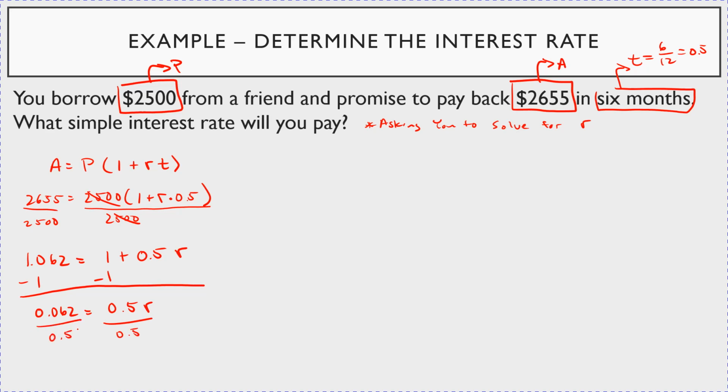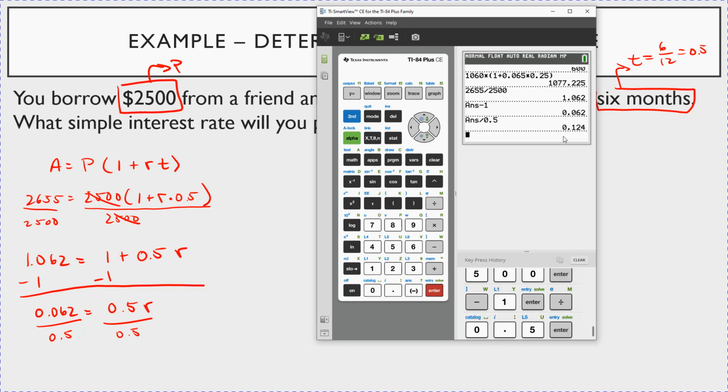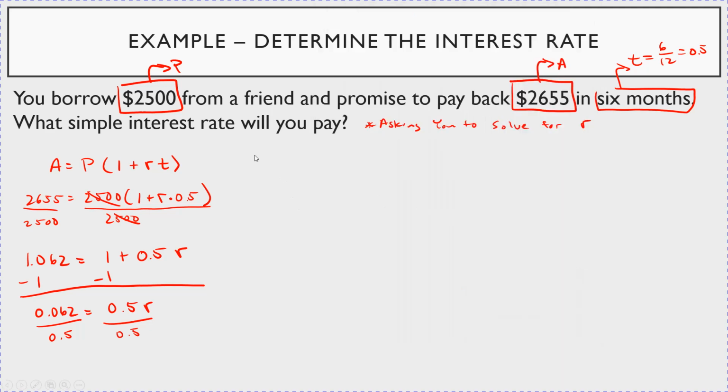I subtracted 1, divide by 0.5, and I got a rate of 0.124. So look, what we're saying here is, wow, you paid a 12.4% simple interest rate. Yikes.